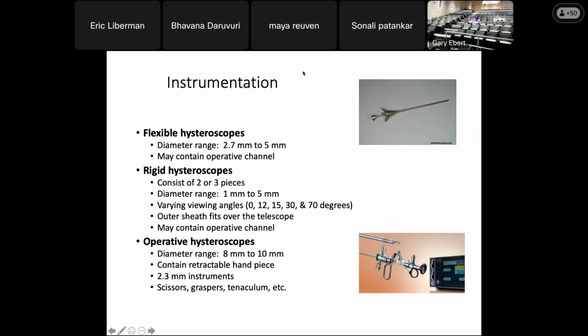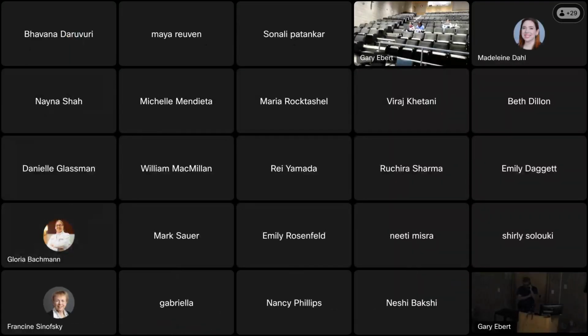So just stop sharing for a minute. If you go to the top of the screen, there's an orange menu and you can hit stop sharing. And now you're not sharing. So now if you go to the bottom of the screen where it says mute or unmute, and there's a little triangle, if you click on that triangle, it will give you some options to connect or not connect your microphone.